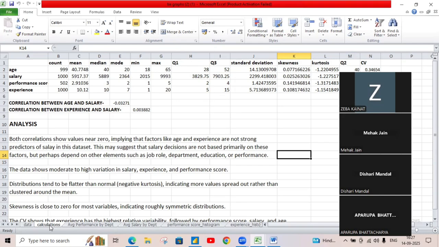The average performance score is 2.91, close to the midpoint of the 1 to 5 scale. Employee experience averages around 10 years, ranging from 1 to 20 years. And interestingly, the correlation between age and salary is slightly negative, which is minus 0.03.